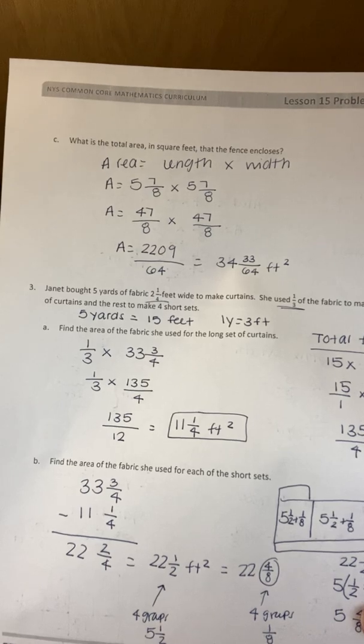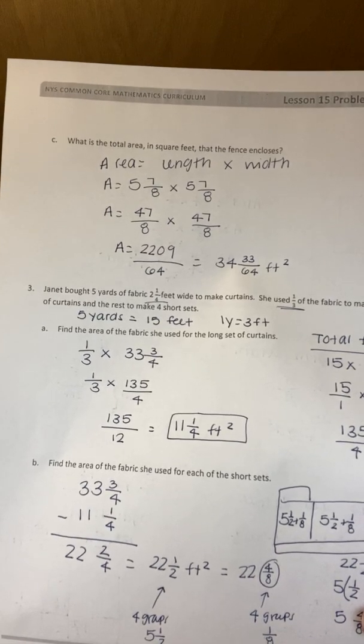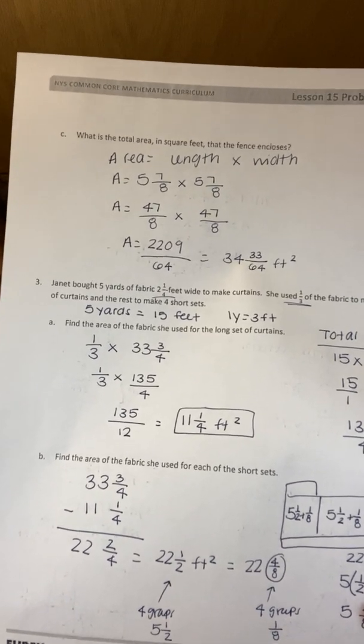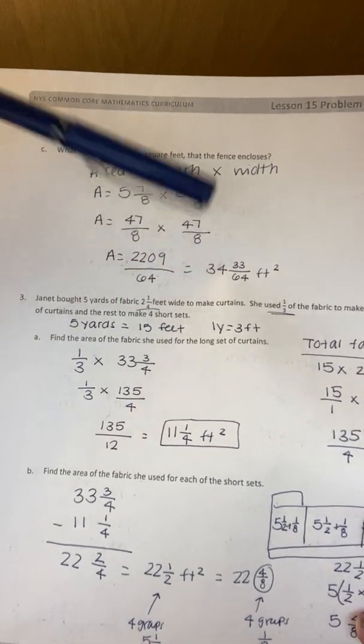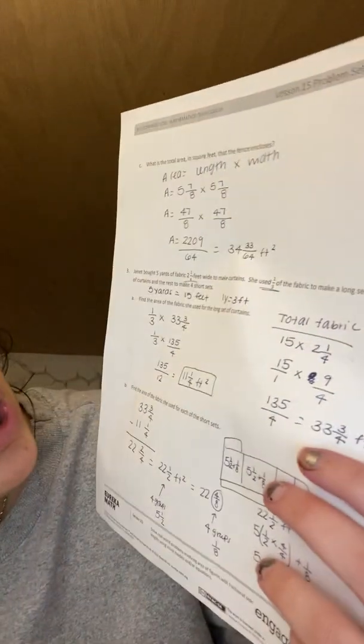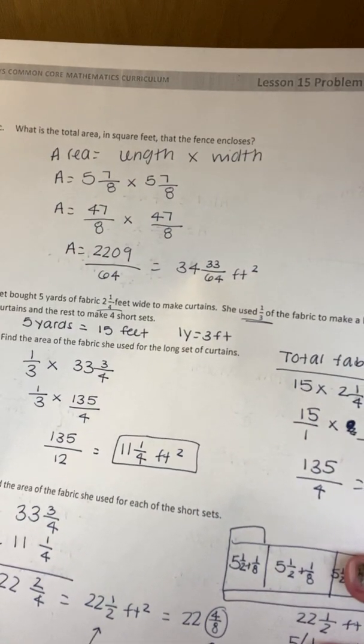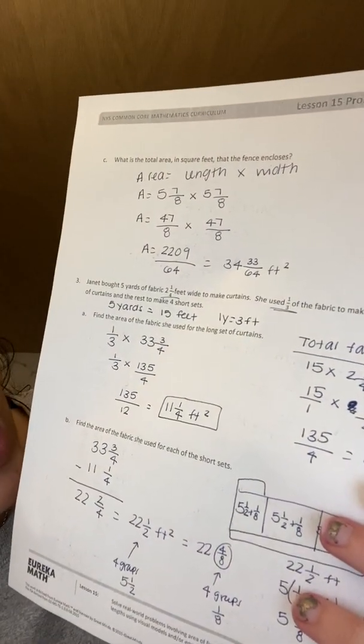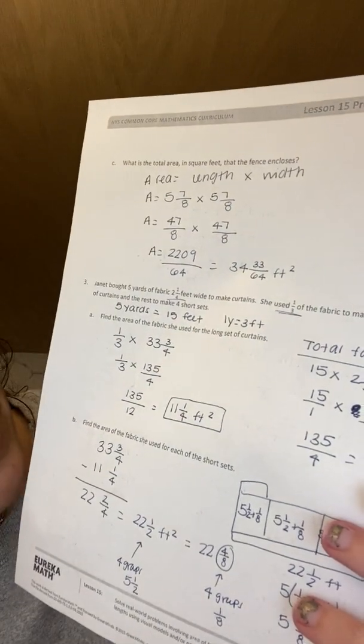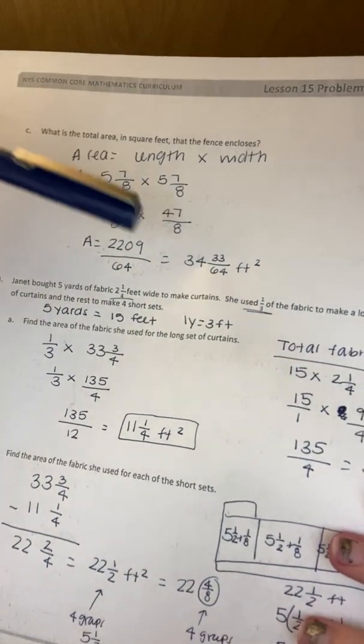When you multiply 47 times 47, you should get 2,209. And when you multiply 8 times 8, you get 64. If you do long division to divide that, you should get 34 and 33/64 feet squared. So that was your answer for C.